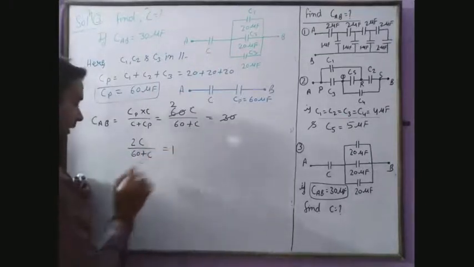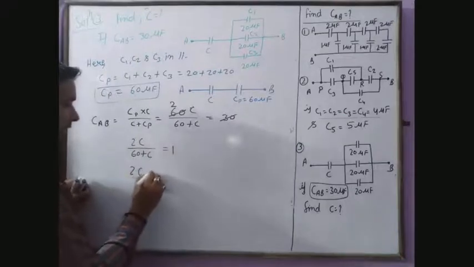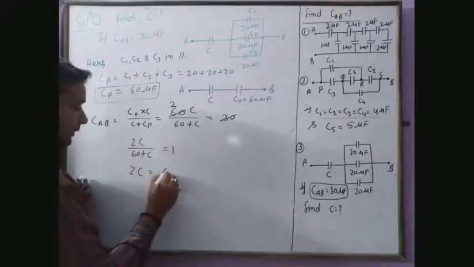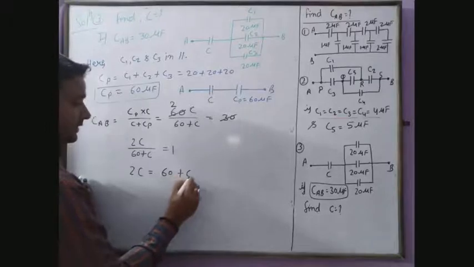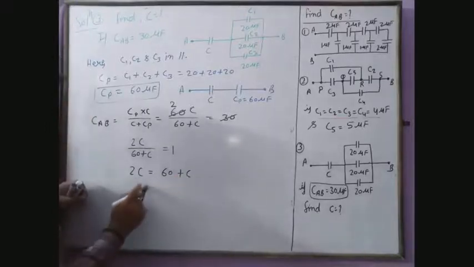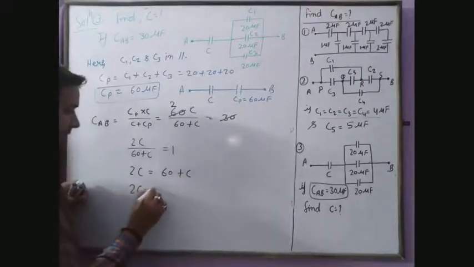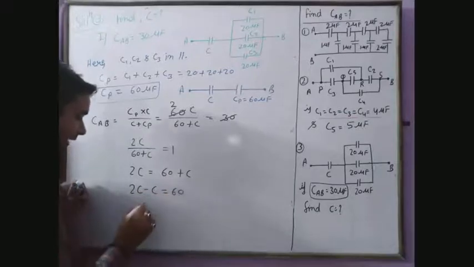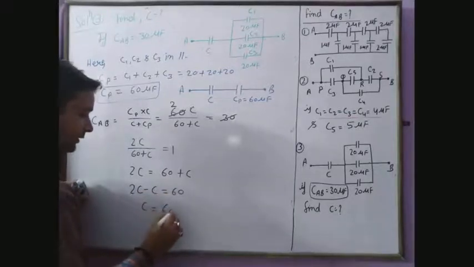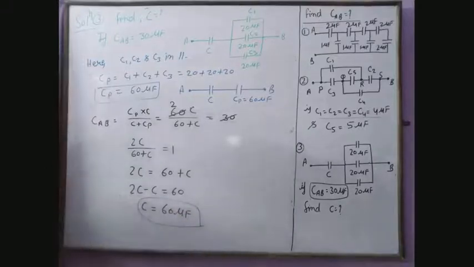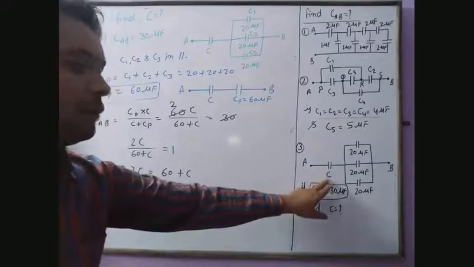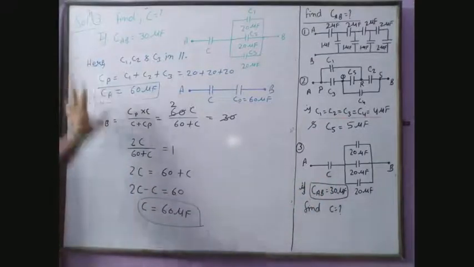Now multiplying here, you get 2C is equal to 60 plus C. Now 2C minus C is equal to 60, that is C is equal to 60 microfarad. This is how you can solve for the value of the unknown capacitor from the given information.